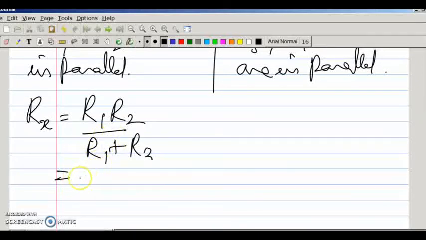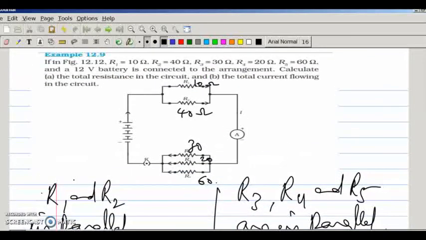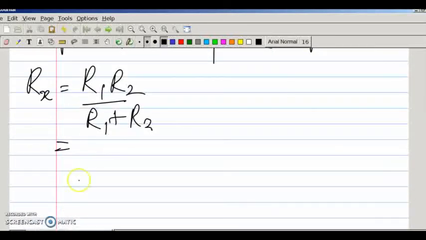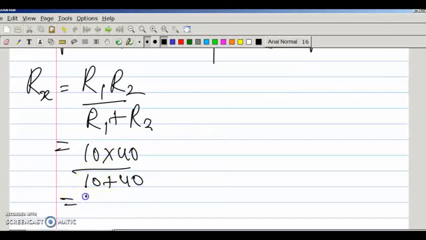So it becomes 10 times 40 divided by 10 plus 40. That will become 400 divided by 50. So 80 ohm. Sorry, that is 8 ohm. I'm very sorry. That is 8 ohm. So we got 8 ohm, Rx.